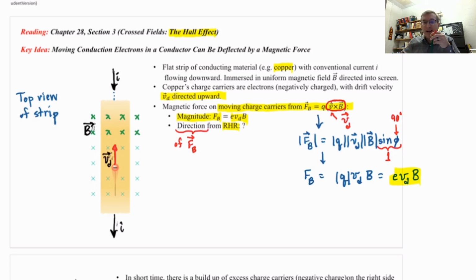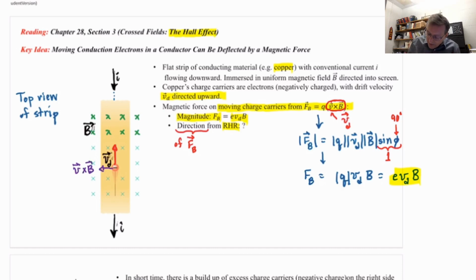So I use my right hand, palm out along V, so that I can push V onto B. My thumb, as I look at it, points to my left. So V cross B is that way, to the left.